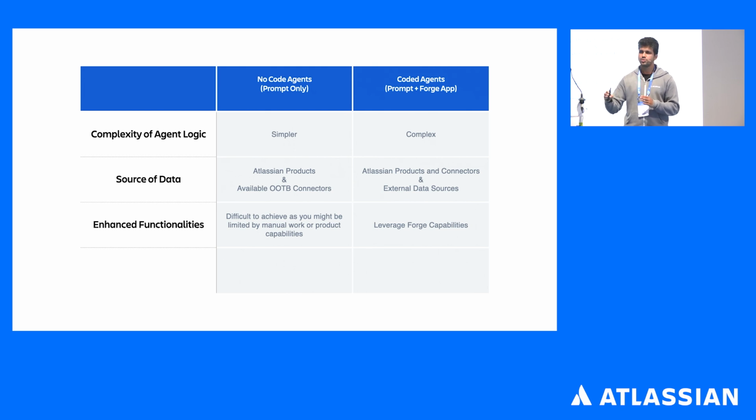As you continue to progress and make it more complex, there might come a point where you start hitting a wall and you realize that a lot of manual work is required just to modify the prompt. In that case, you would start feeling that you need more control over the agent, the prompt, and the data that's being passed into the agent. The better way to do it is the coded way, leveraging the capabilities of the Forge platform.